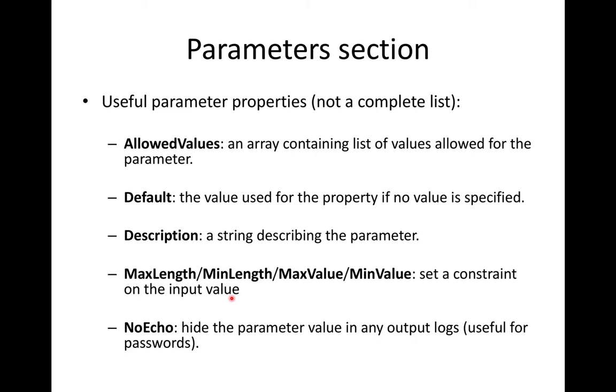Generally you wouldn't want the value of a secret to be located in those output logs. And so the no echo property tells CloudFormation to basically hide that parameter value from the output logs.